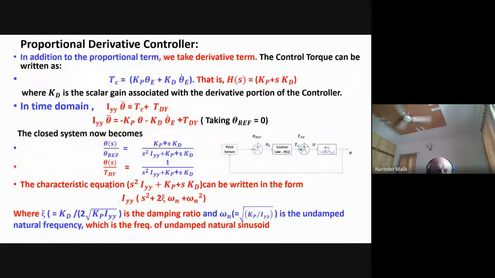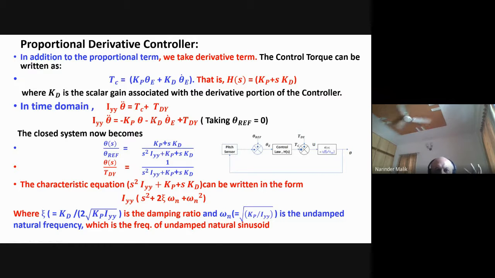Here, you see in this equation, in steady state, theta dot is 0 and theta double dot is 0, acceleration is 0. In steady state, minus Kp theta plus Tdy is equal to 0.